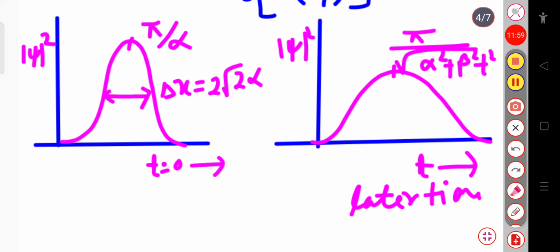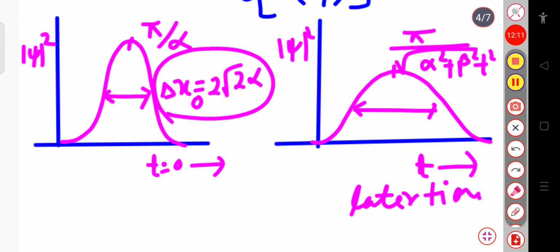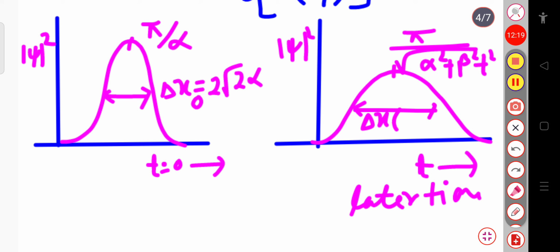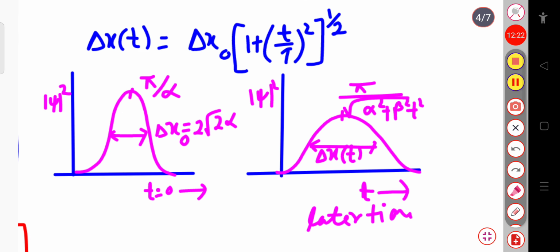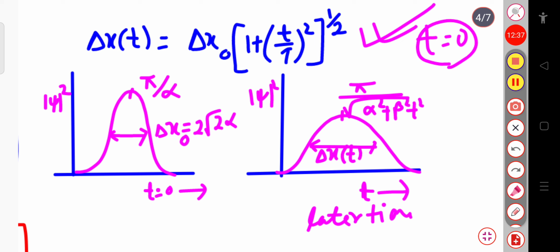And this width is your delta x at t. This is your delta x 0 at t equal to 0, which is 2 root 2 alpha, and at time t it is delta x, a function of time t. In this expression, if we put t equal to 0, you will get delta x of t equal to delta x 0. So you can reach this point.